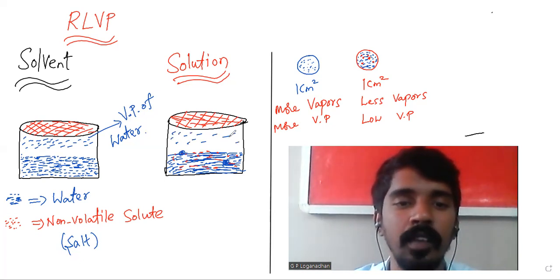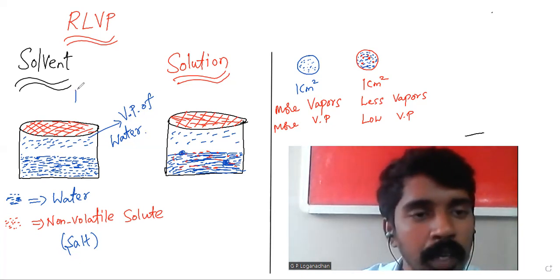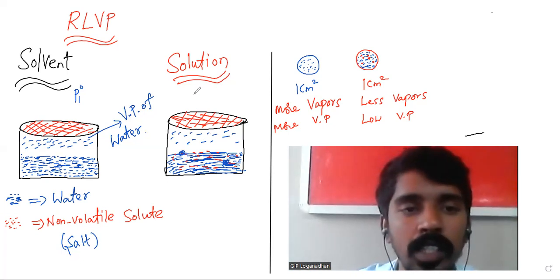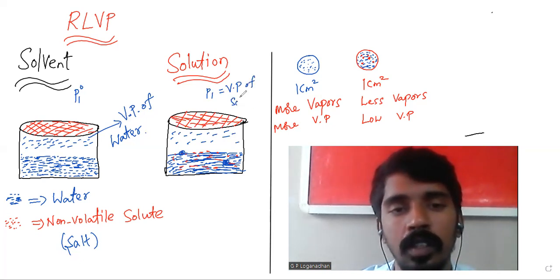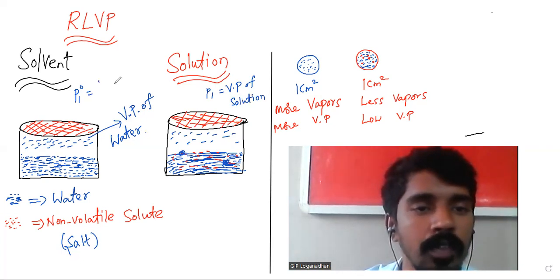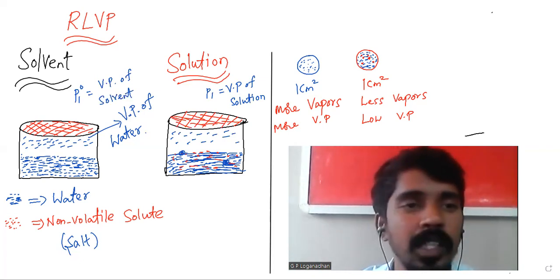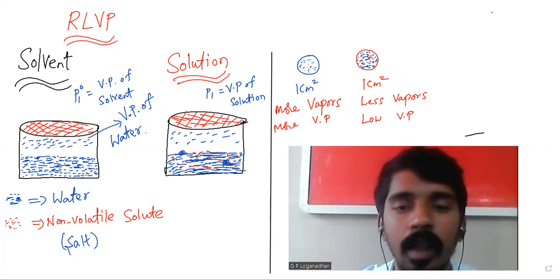If you take the vapor pressure of the solvent as P1 naught, and in the solution it is P1, what is P1? The vapor pressure of the solution. What is P1 naught? The vapor pressure of the solvent. What happened in this case? The vapor pressure decreased. Here it is more, here it is less.